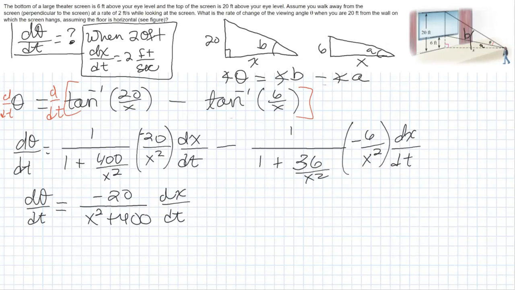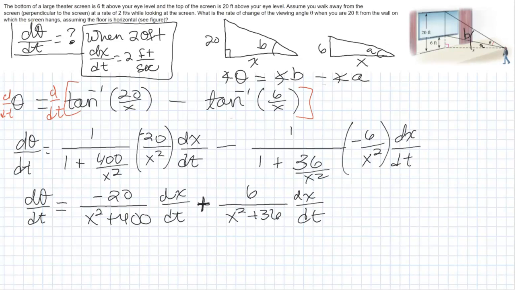And then minus, similarly, when we distribute the x squared, I have x squared plus 36 in the denominator, and negative, negative makes it a positive 6 on the numerator, multiplied by dx dt.